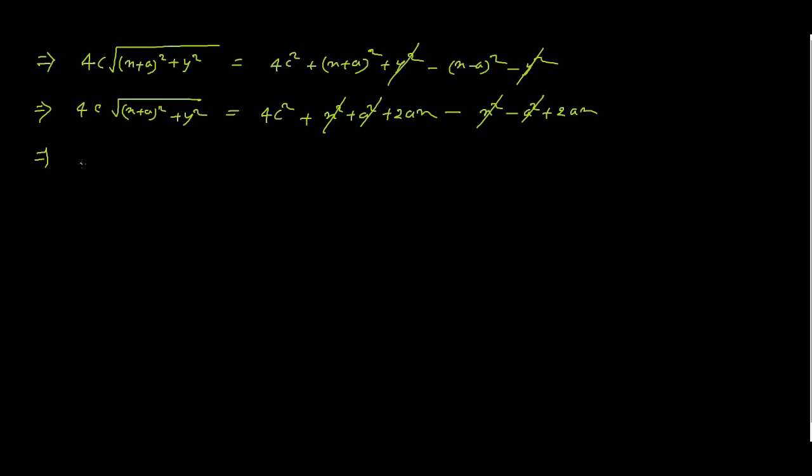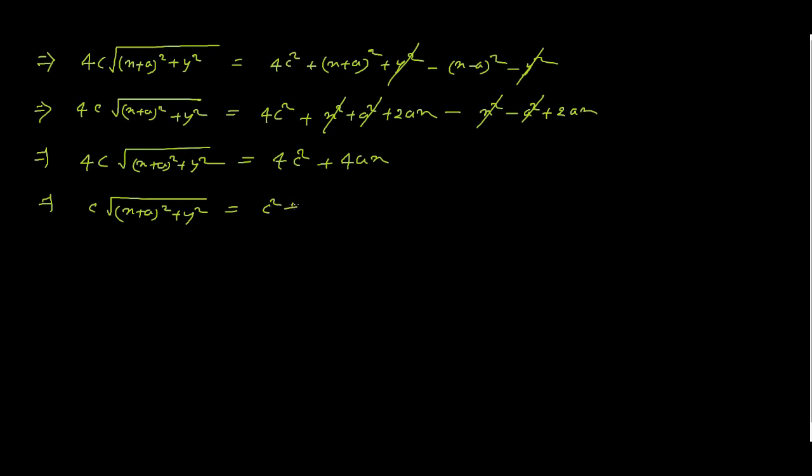Now this is something like 4c into square root of x plus a whole square plus y square is equal to 4c square plus 2ax plus 2ax, that is 4ax. Okay, so 4 both the sides will get cancelled, so c into square root of x plus a whole square plus y square is equal to c square plus ax.